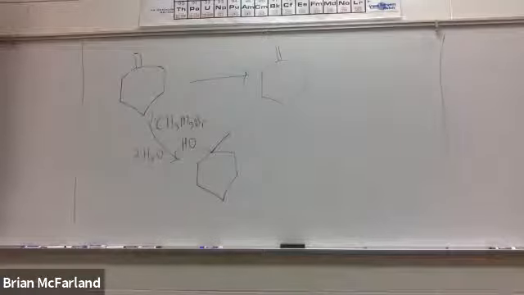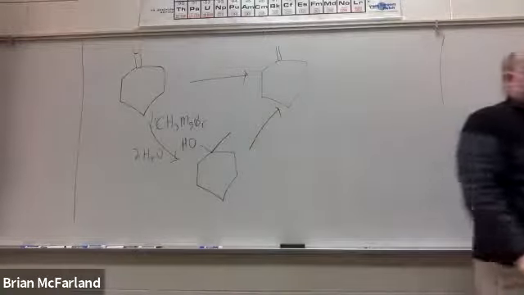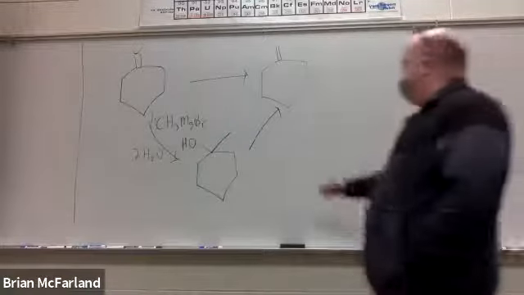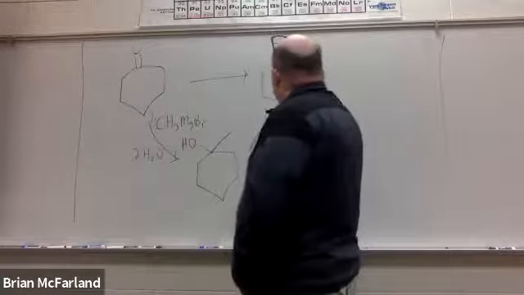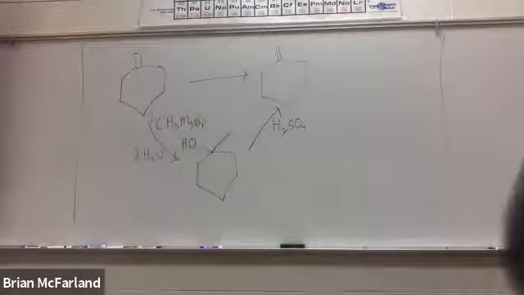All right, now it's not our final product though. We still haven't gotten to our product. How do you get from here to here? Organic 1 stuff. H2SO4, very good. Yeah. H2SO4. That's going to dehydrate.